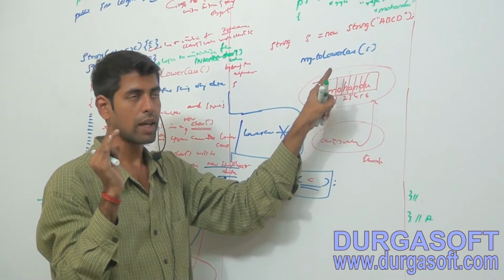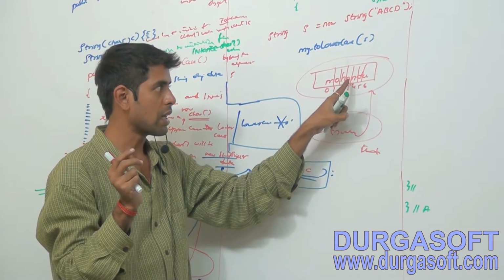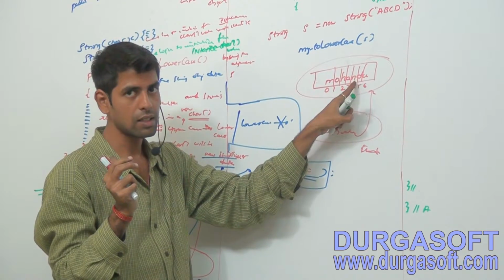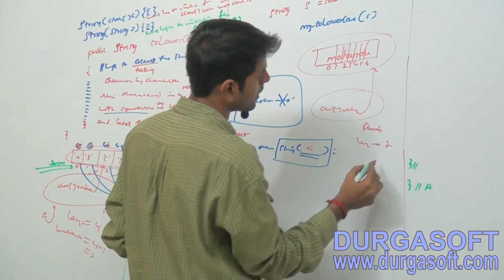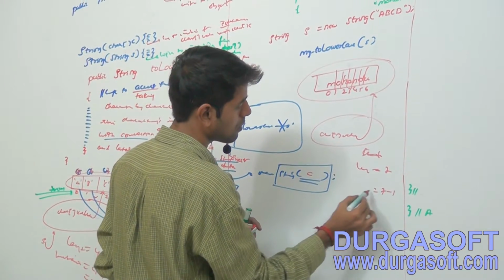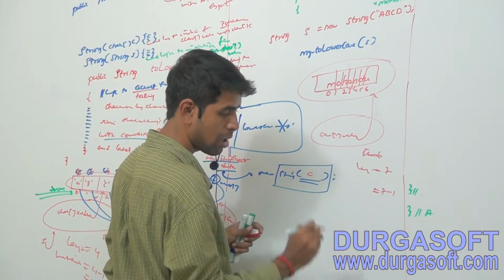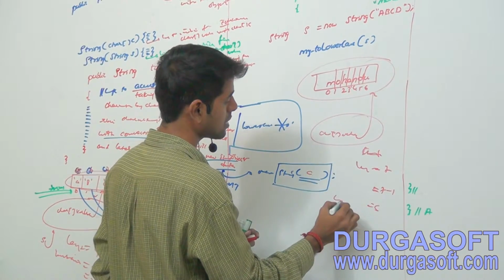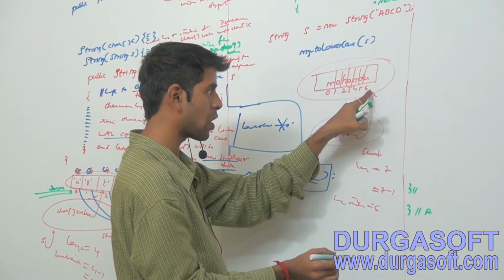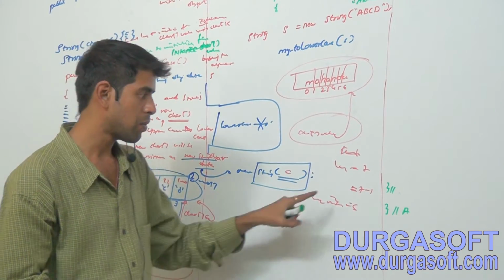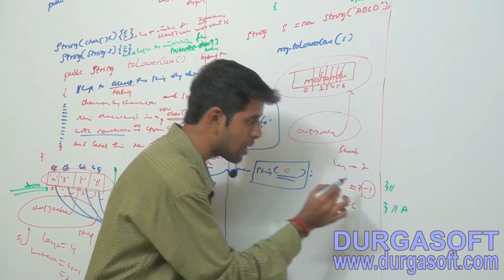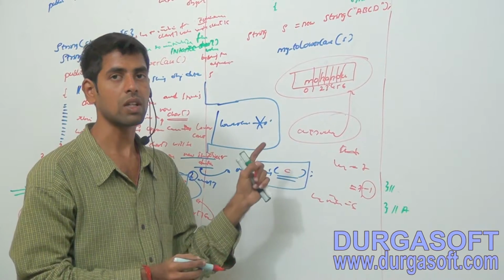M1, O2, H3, A4, N5, D is 6, U is 7. So the length value is 7. 7 minus 1 is 6. 6 represents the last index of this string object. If I put length minus 1, it will give the last index value.